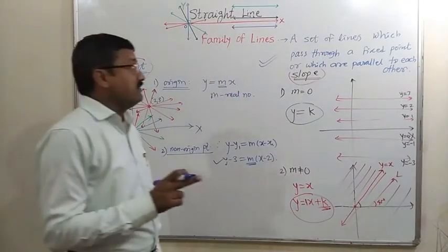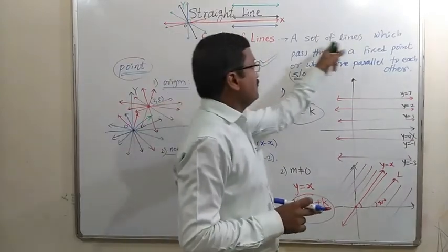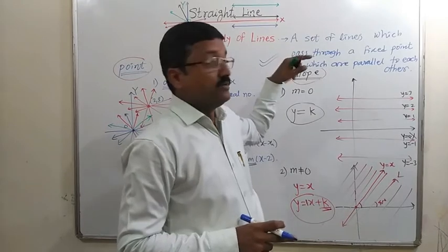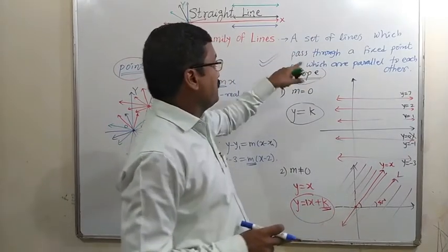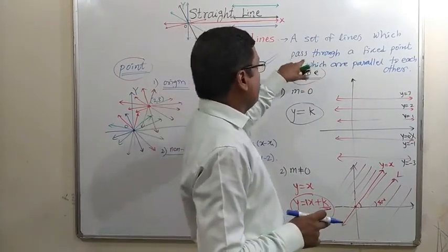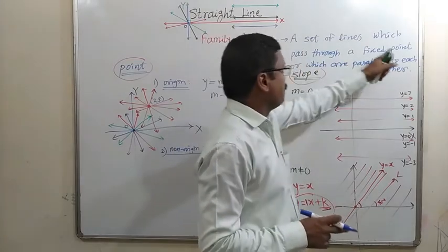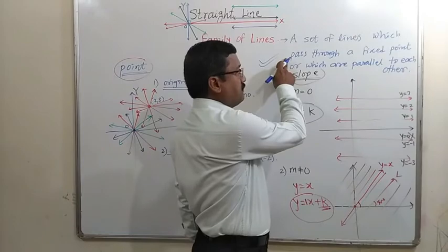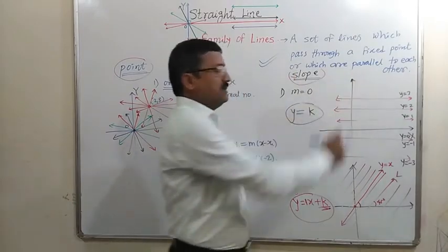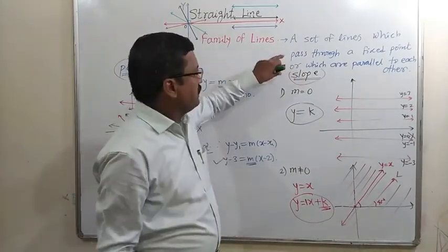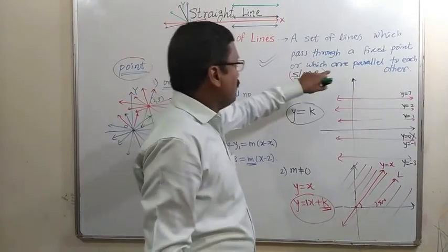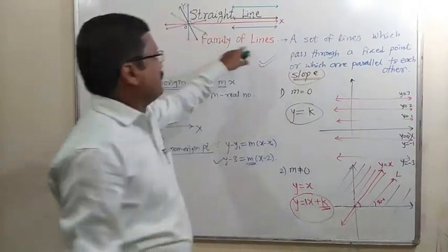Initially we defined a family of lines as a set of lines which satisfy the same property. What is that same property? That same property is either that the lines pass through a fixed point or that they are parallel to each other. The first condition is about a point, the second condition is about slope. If the set of lines satisfies either condition, then we get a family of lines.